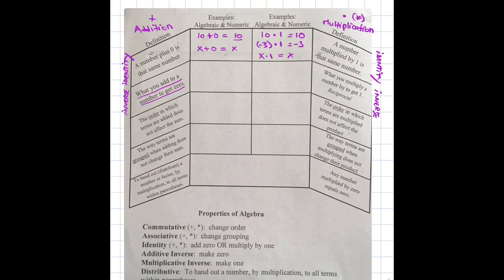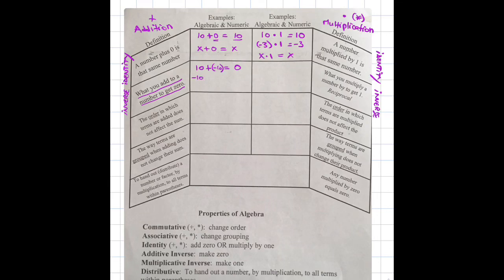So let's say I start with 10 and I have to end up with 0, which, remember, was my identity in the previous property. What do I have to add to 10 in order to get 0? I have to add its inverse. The inverse of 10 in addition is negative 10, or the opposite of 10.